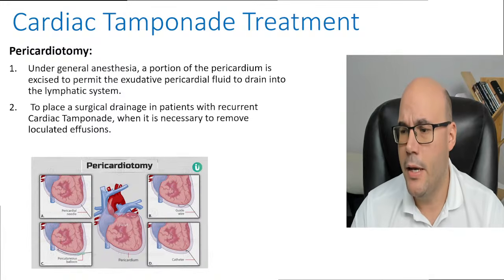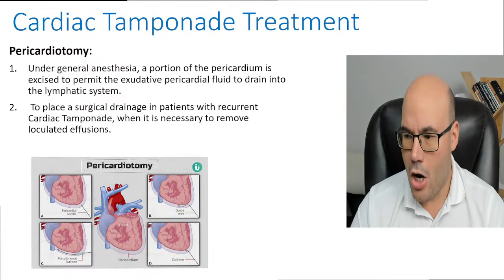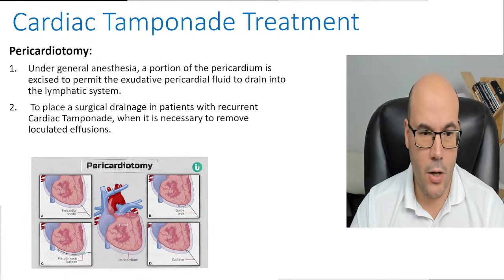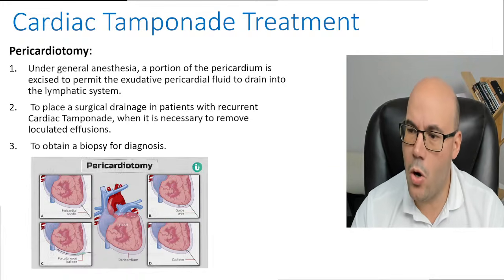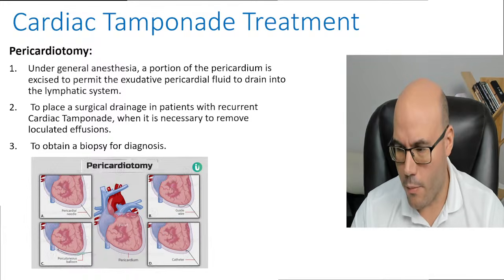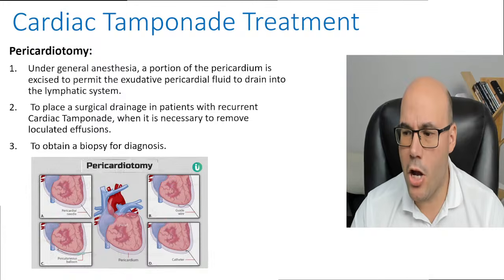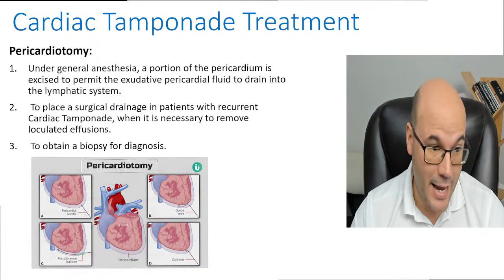And also, it is used to place a surgical drainage in patients that recurrently have cardiac tamponade. So this is a very interesting image to show how a pericardiotomy is performed. And lastly, a pericardiotomy is also used to obtain a biopsy for diagnosis.